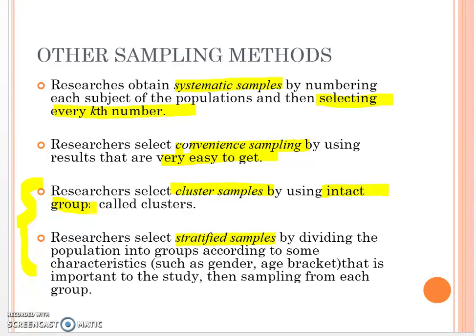If you're doing stratified samples, then you are dividing the population into groups, and then you take something from each group. So using samples from each group, while for the cluster sample, you use the intact groups.